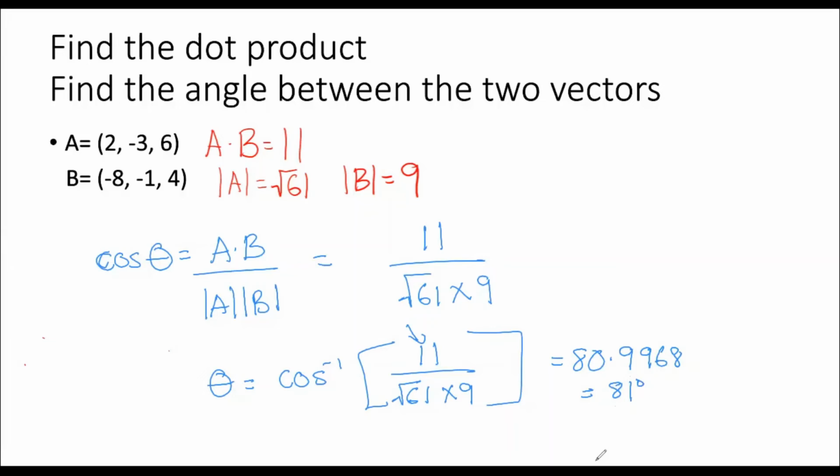So we have 81 degrees. But if I don't do it directly, let's say I find 11 divided by root 61 times 9 first, and then find the inverse cosine. So if we say 11 over root 61 times 9, we get 0.1565 in four decimal places, just to increase the accuracy.